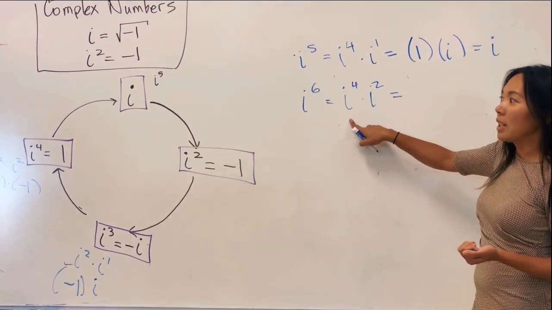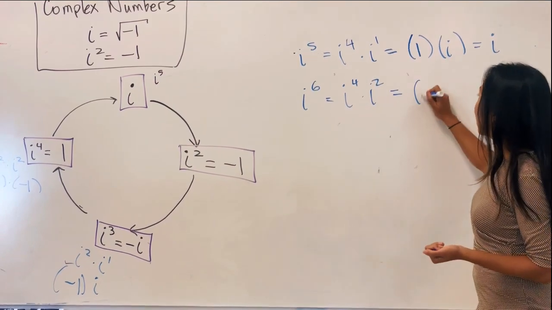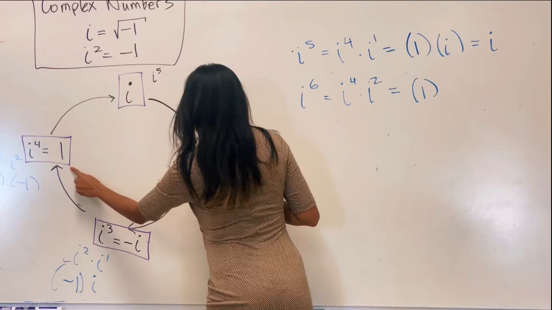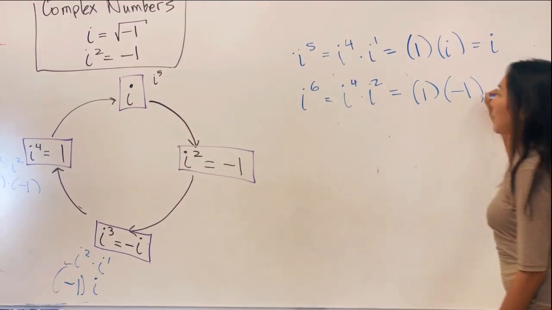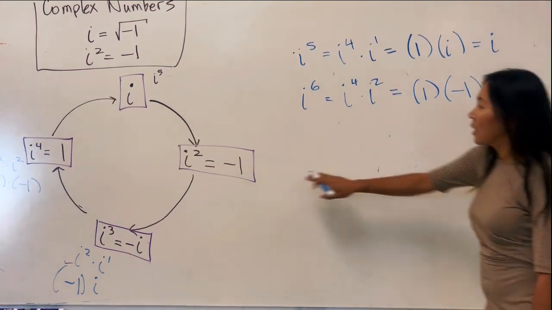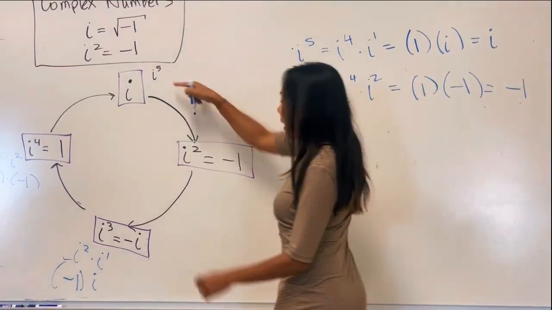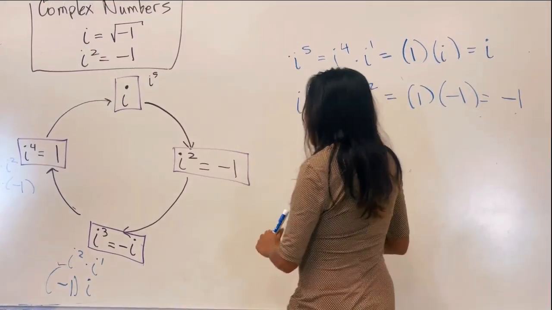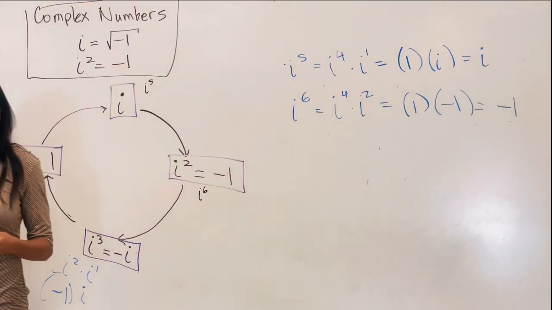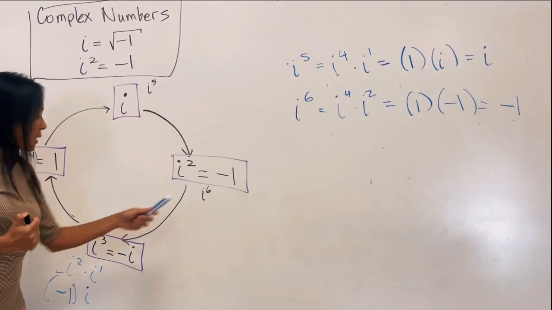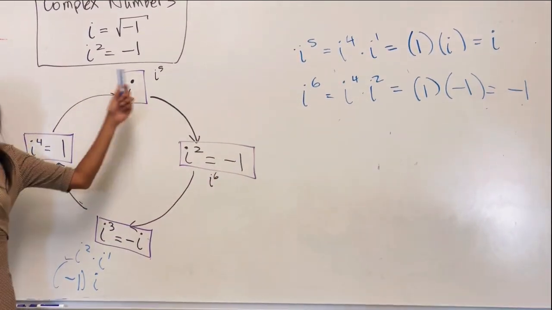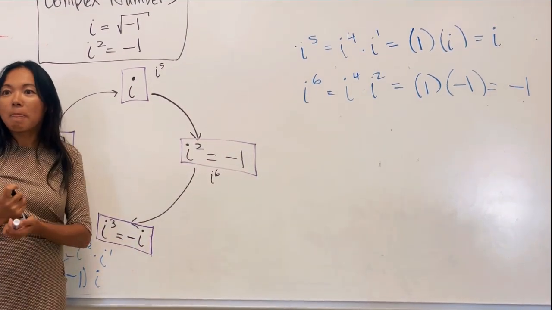What is i to the 4th? 1. What is i squared? Negative 1. What's 1 times negative 1? Negative 1. Holy smokers, it's right here. So here's i to the 5th, but also i to the 6th is here. This can go on and on: 6, 7, 8, 9, 10, 11, 12, 13, etc. So it's a pattern.